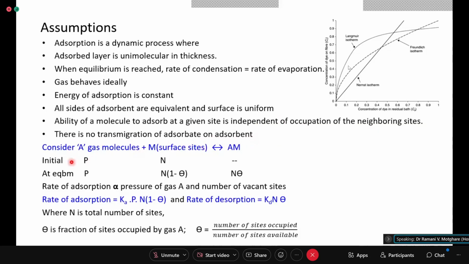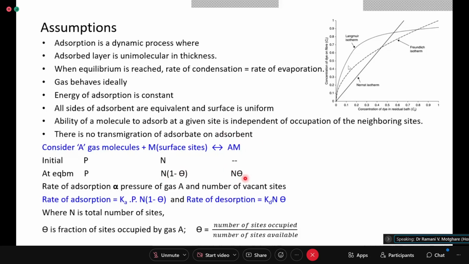So you consider that A gas molecules are adsorbed on the metal surface, with M sites, leading to formation of AM. The initial pressure of A gas is P, and the number of sites of the metal is n. At equilibrium, theta is the occupied sites and n minus theta are remaining, so it is n into 1 minus theta, and what is formed is n theta.